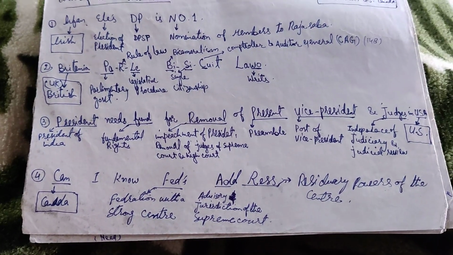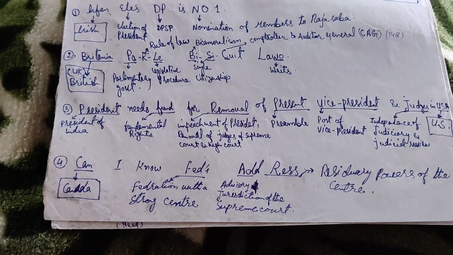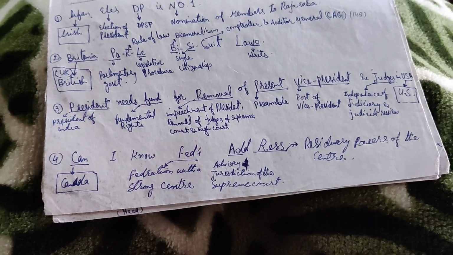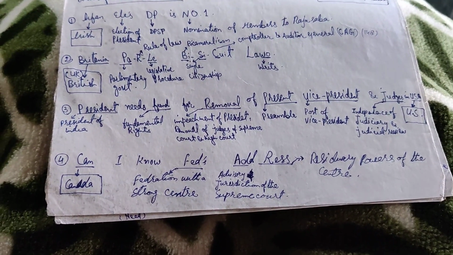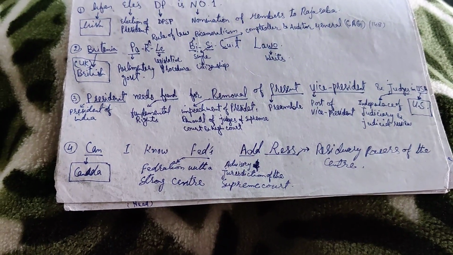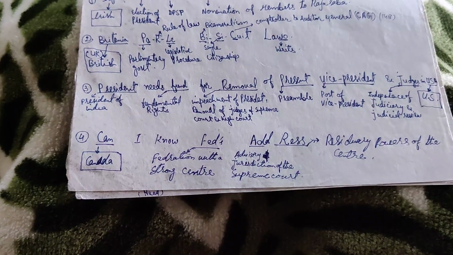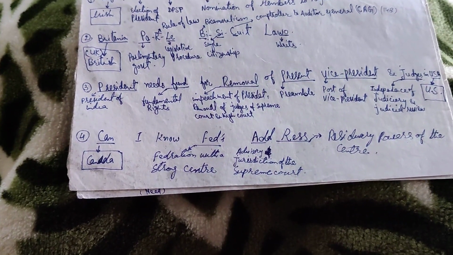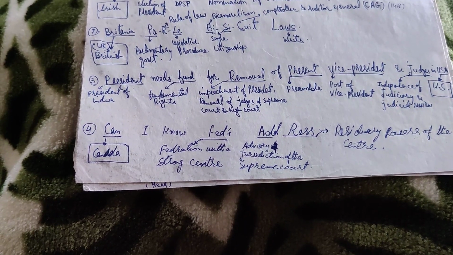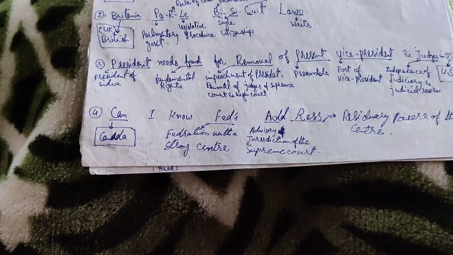And to remember this in a simple way, I have a trick, which is: President needs fund for removal of present, vice president and judges in USA. President stands for President of India, Fund stands for fundamental rights.